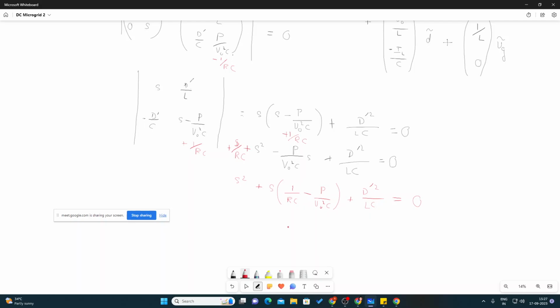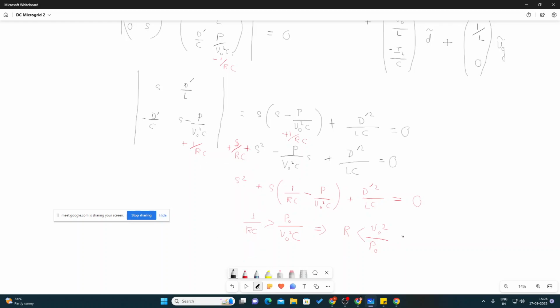Now we can stabilize the system. How? Considering this constraint, 1 by RC will be greater than P naught by V naught square C, which implies that R will be less than V naught square by P naught. Okay. So this is stable.